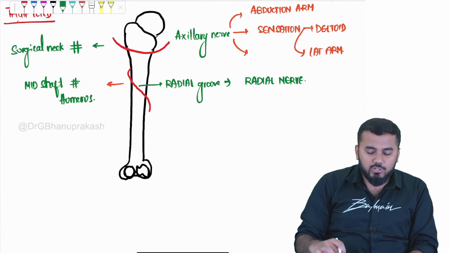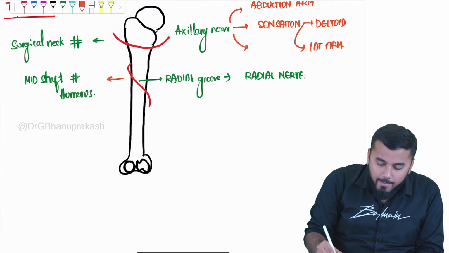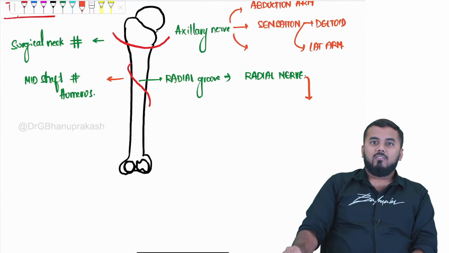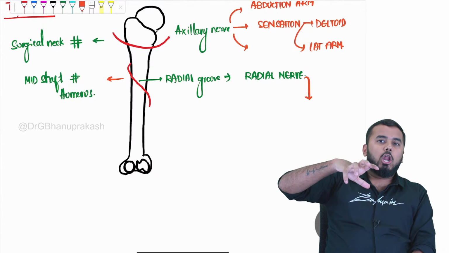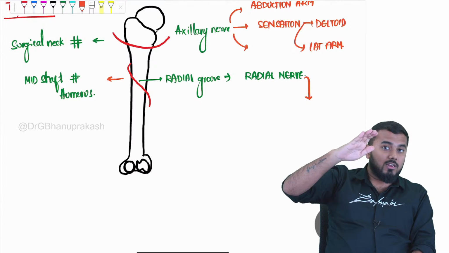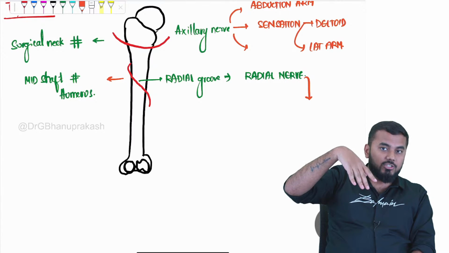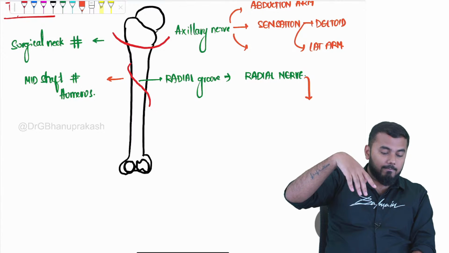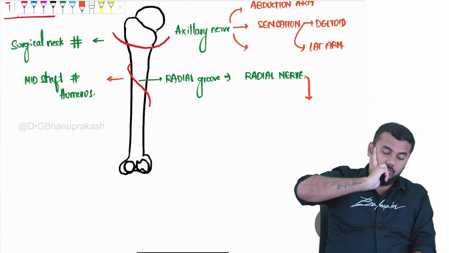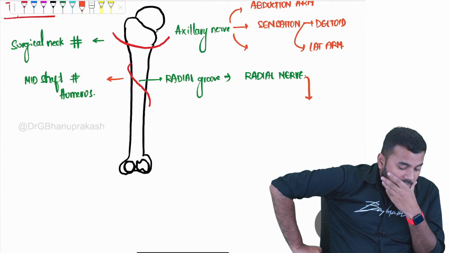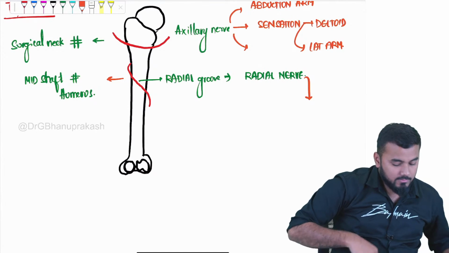If there is damage to the radial nerve, what will happen, guys? What will you see in a patient, claw hand or wrist drop? I want your answers.